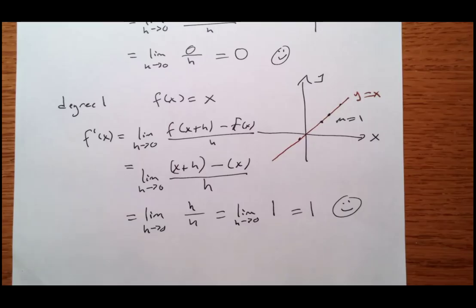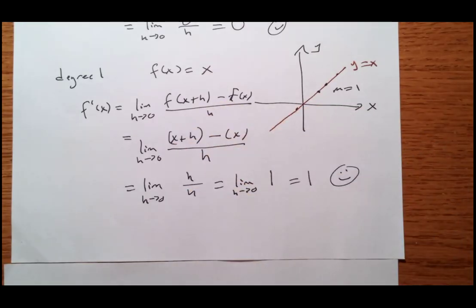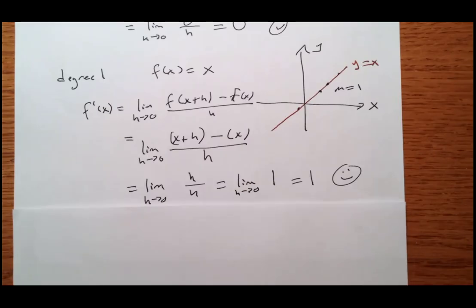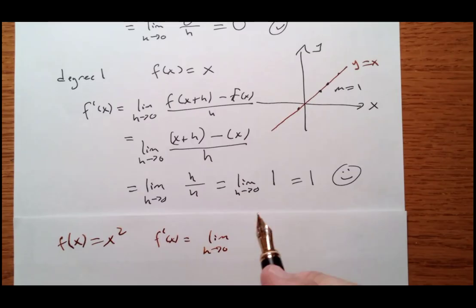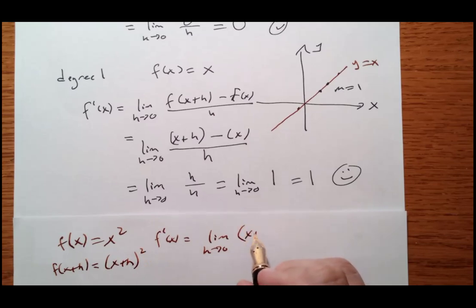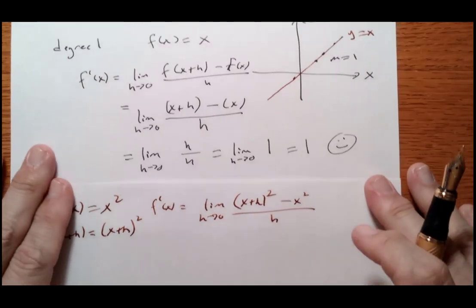As I increase my degree, the algebra I do gets correspondingly messier. Let's look at x squared. I'm going to plug in x plus h, and that's going to give me x plus h squared. But now I need to multiply this out. That's not difficult.